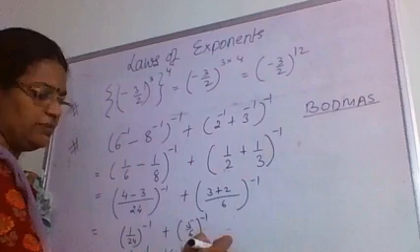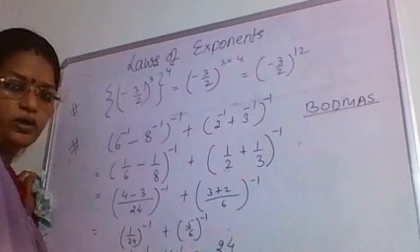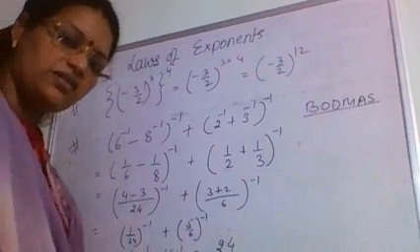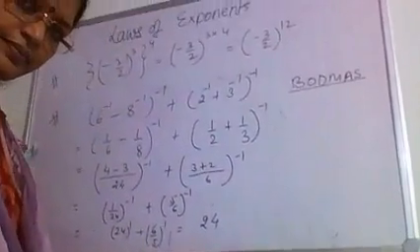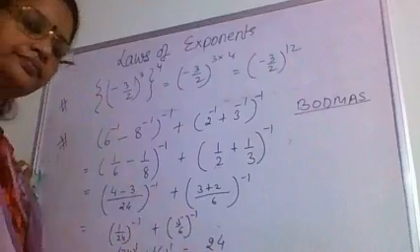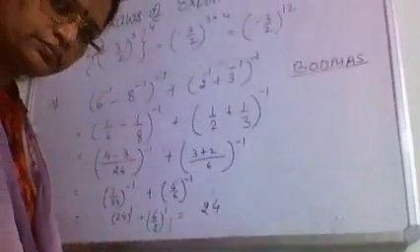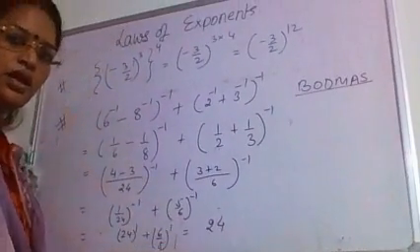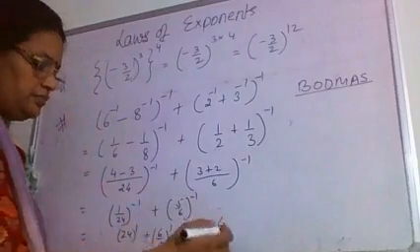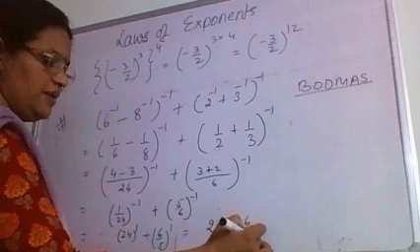So this can be written as 24 plus 6 by 5.